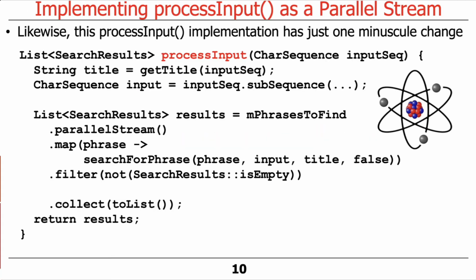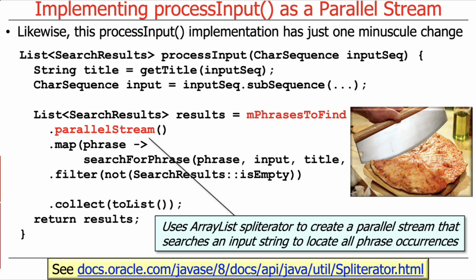Let's now take a look at how the process input implementation works. Just like process stream, the difference between the sequential version and the parallel version is absolutely minuscule, and we'll talk about that in a second. This particular method takes the input sequence, which corresponds to a work of Shakespeare, and it gets the title, which is the first line, like Hamlet, the tragedy of Denmark, or whatever.